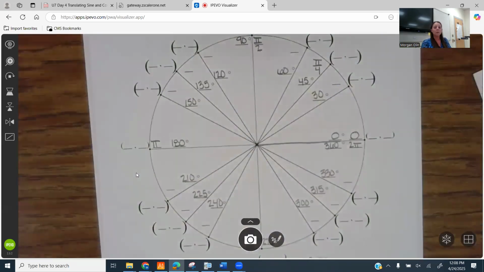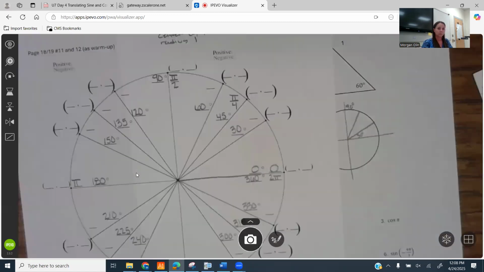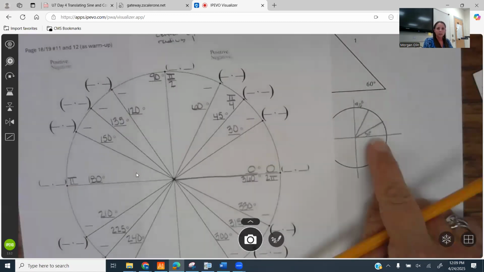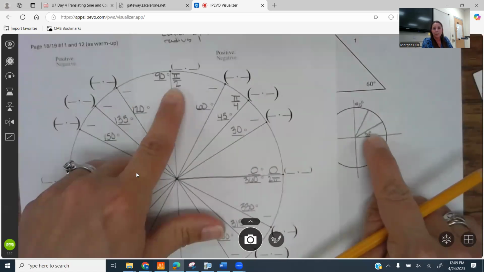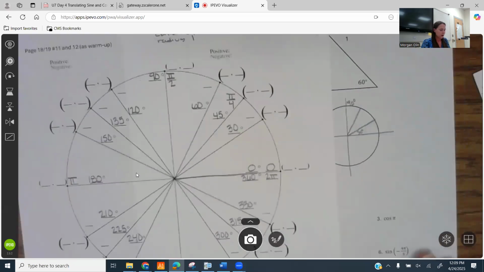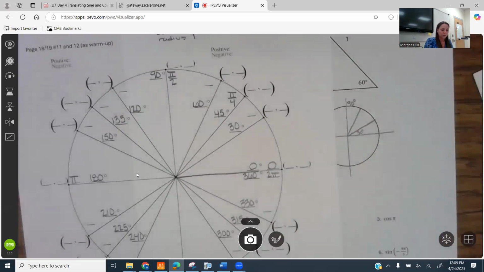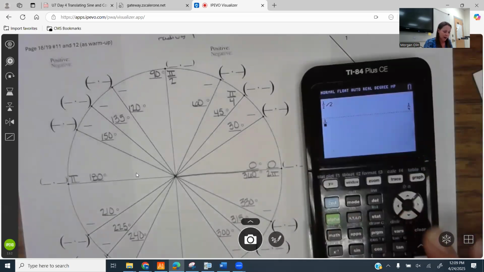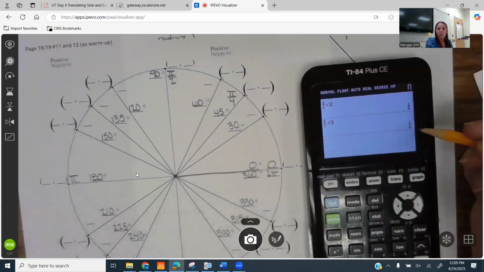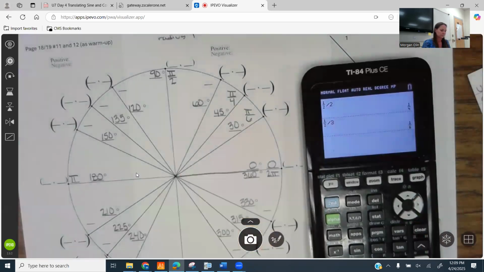All right, now remember what we said about this right here. Okay, this is broken up. You're taking pi over 2 and dividing by 3. So think about this for a second. Pi over 2. So I'm just going to say, instead of pi, 1 over 2, and I divide by 3. I get 1/6. This is where pi over 6 is coming from.